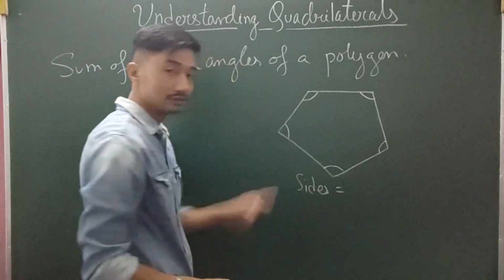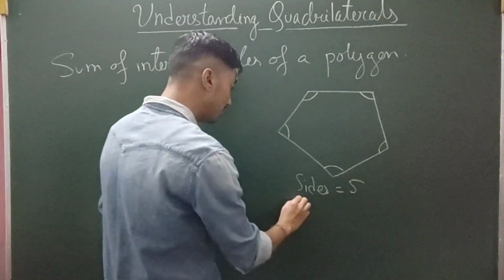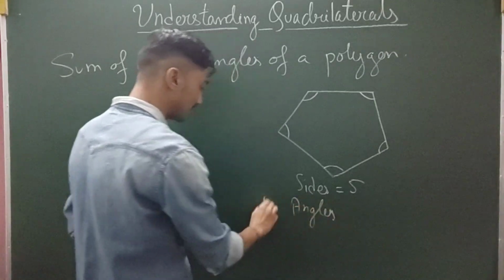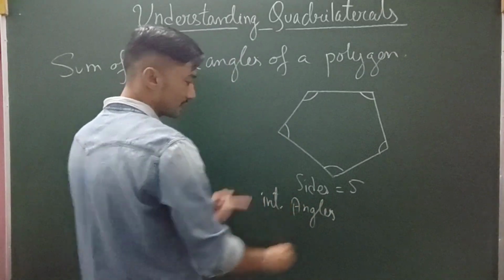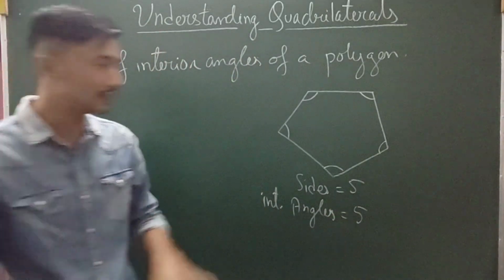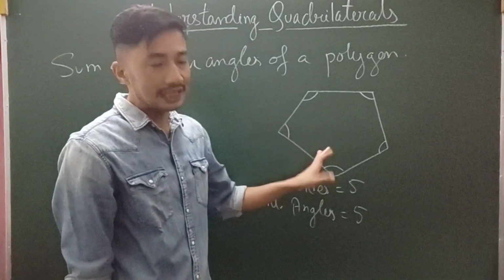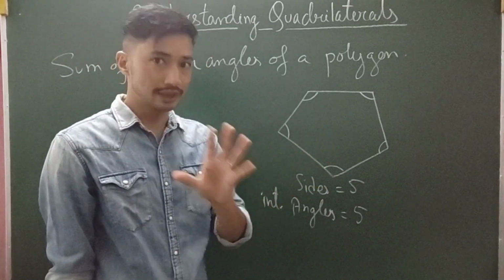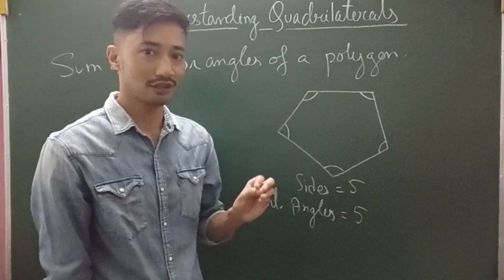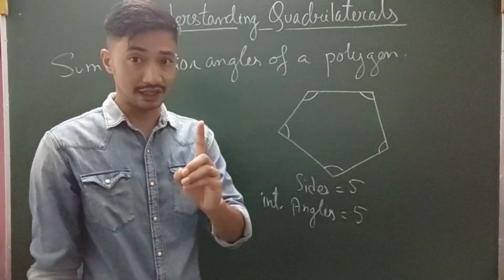First of all, 5 sides, pentagon. How many interior angles are formed? 5. So you can see very clearly, one thing is already clear, that the number of sides will be equal to the number of interior angles. Alright, so that's the first thing that we will be learning.